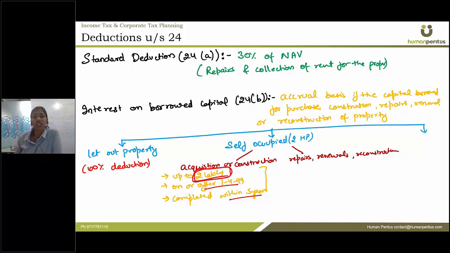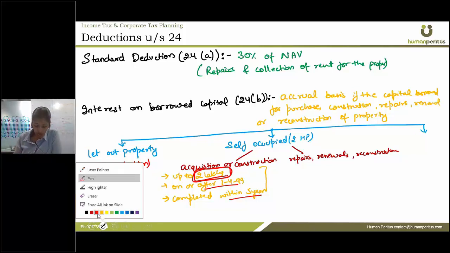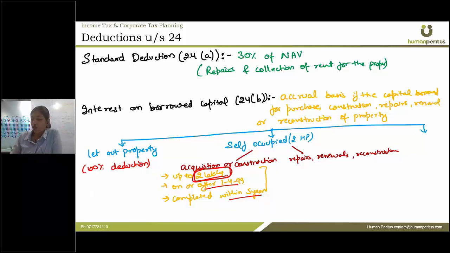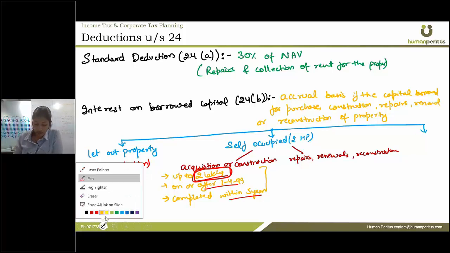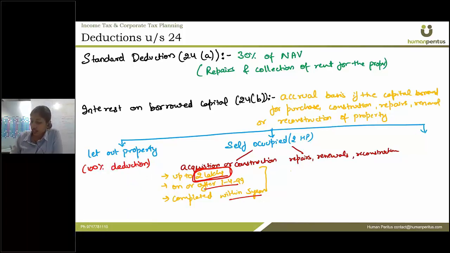The interest can be deducted up to 2 lakhs. And in the case, if it is for repairs, renewals and reconstruction, then he can claim deduction up to rupees 30,000. In this case, it is up to 30,000.